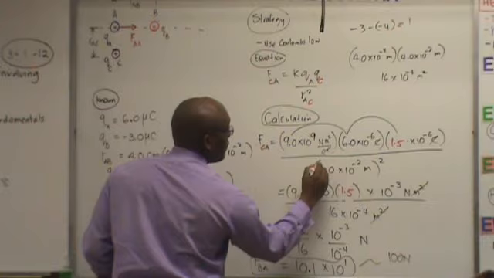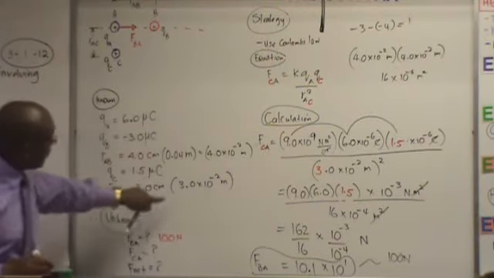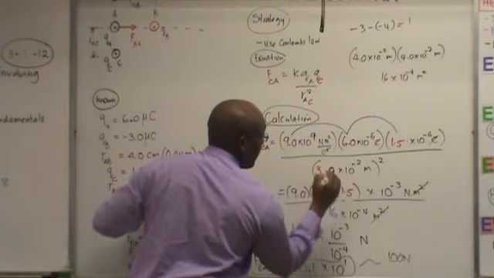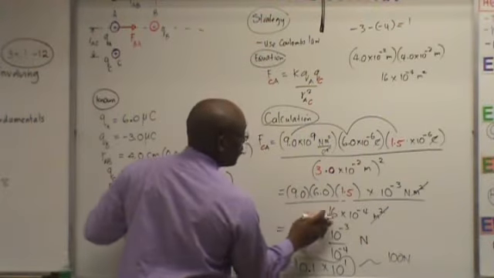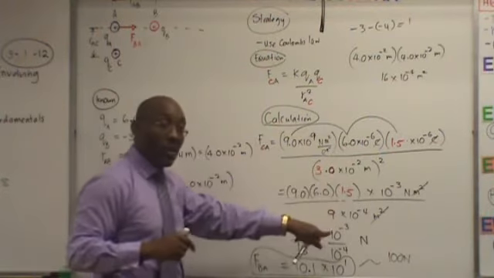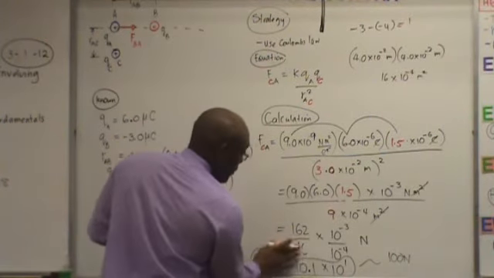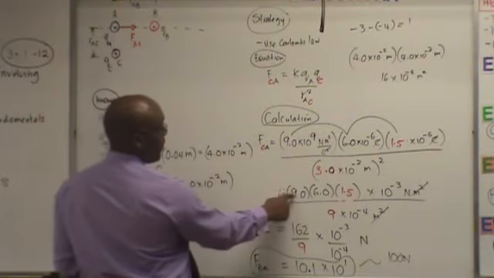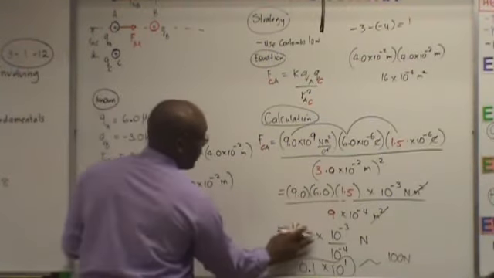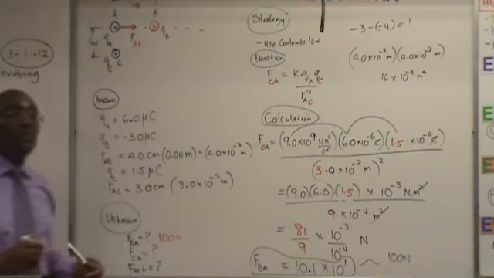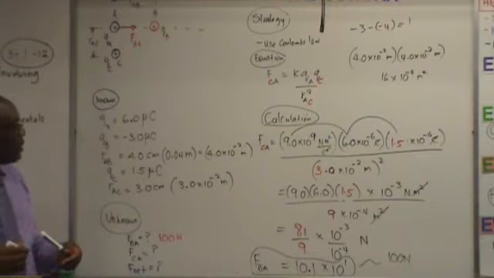This is 3. See, it's 3. This is 3. Now, you following me? Yes. And this at the bottom is going to be 9, because 3 squared is 9. So I have 9 here. And at the top I'm going to have 9 times 6 times 1.5. That's going to give me 81. That's 81.